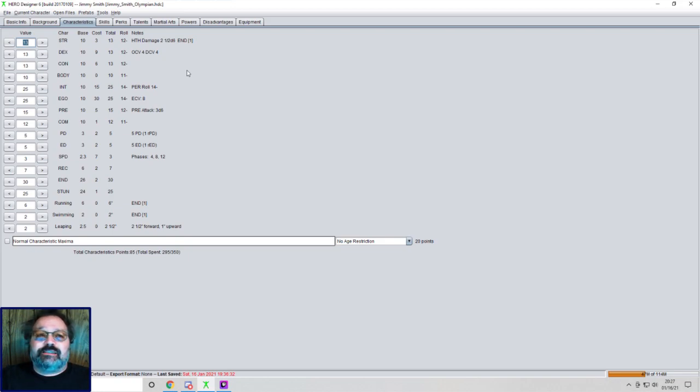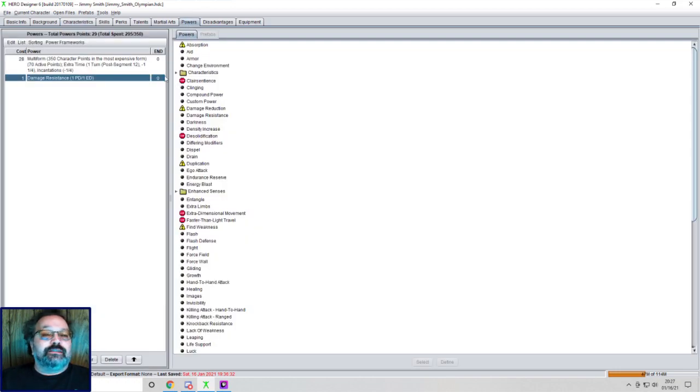In fact, in these types of comics, a common psychological limitation is code against killing. So you've got to keep things like that in mind because a lot of players want to go gung-ho and straight for the killing attack. That's not really a good idea. This isn't some of those other games and some of those other genres where your goal is actually to put the opponent out of commission permanently.